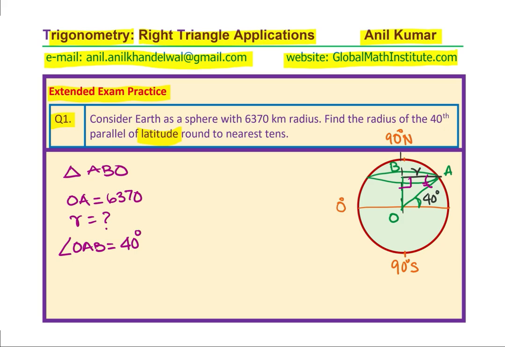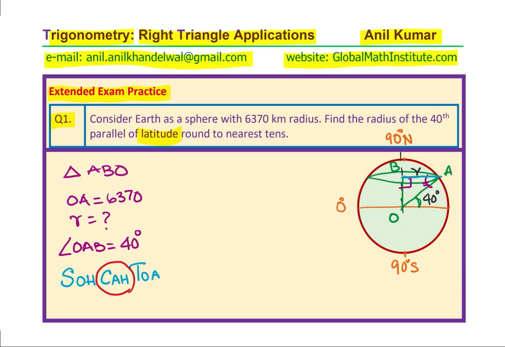Which trigonometric ratio should you be using? Sine is opposite over hypotenuse, cos is adjacent over hypotenuse, and tan is opposite over adjacent. Here we are given two sides, the adjacent side between the angle and the 90 degrees, and the hypotenuse, and therefore the ratio used will be cosine.